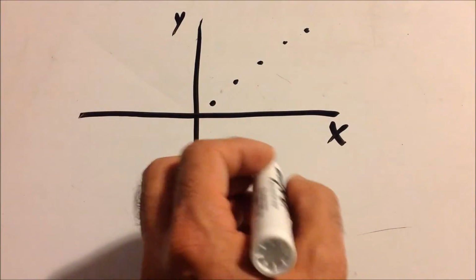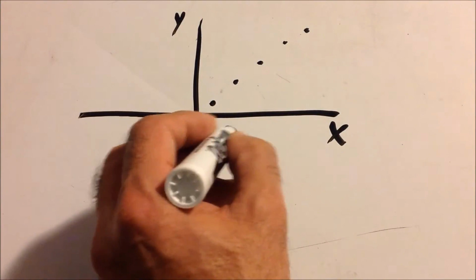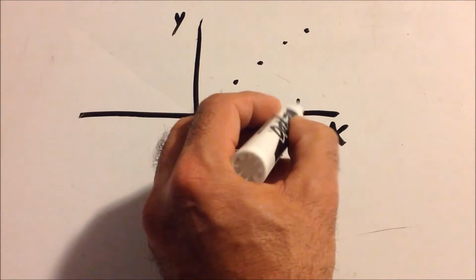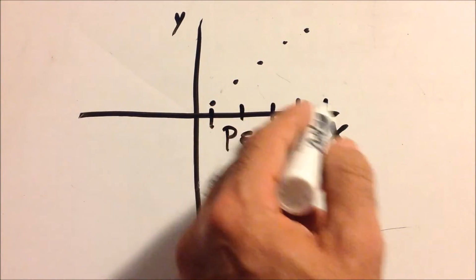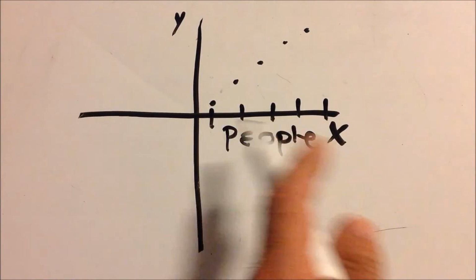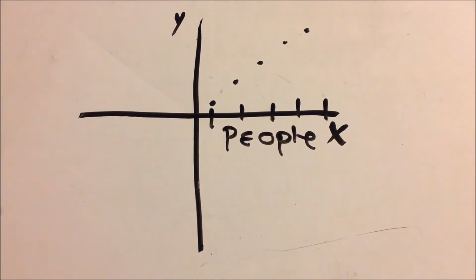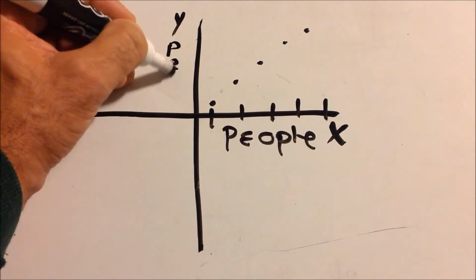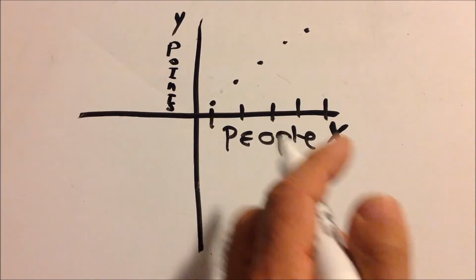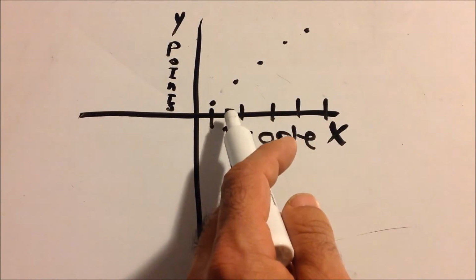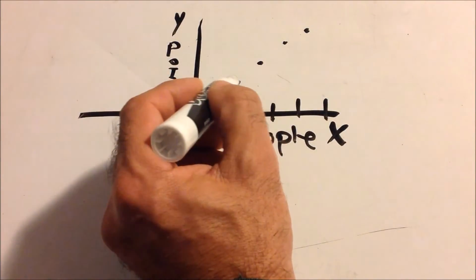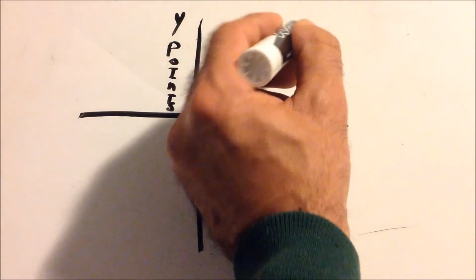Like if we did in class, we did people. Right? You can have 1 person, 2 people, 3 people, 4 people, but you can't have 1.5 of a person, and so forth. Let's say people and points, whatever the case may be, what is happening here, we don't know, but we know that you can't have 1.5 or 2.5 or 1.3 and so forth. So that'll be discrete because it's not a solid line.